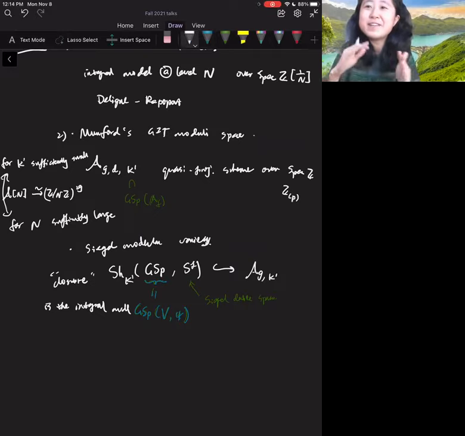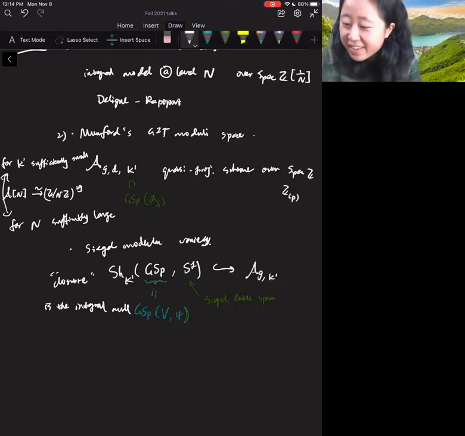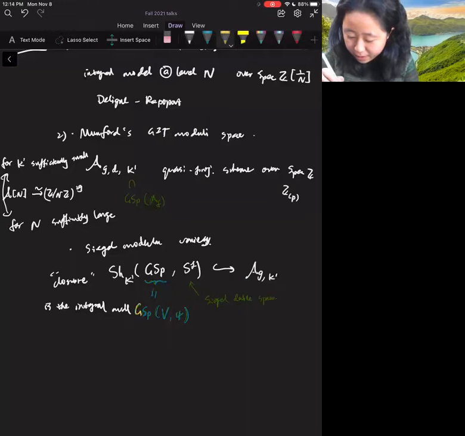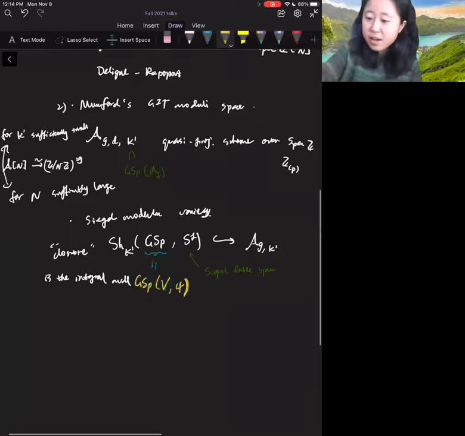I thought I was doing annotation using a different color, but maybe it's not helpful. Maybe yellow or something bright might show up, but these darker colors don't. Okay, yellow. Maybe I like this color. Oh yeah, this is better. That's good. Okay, great.